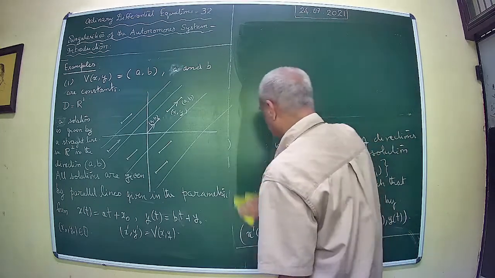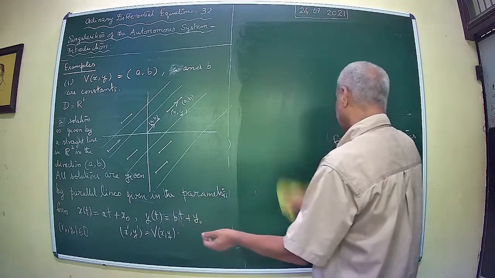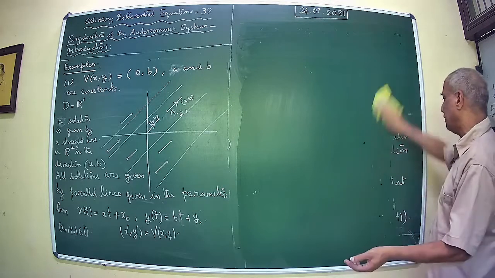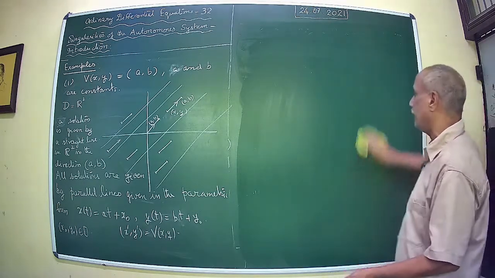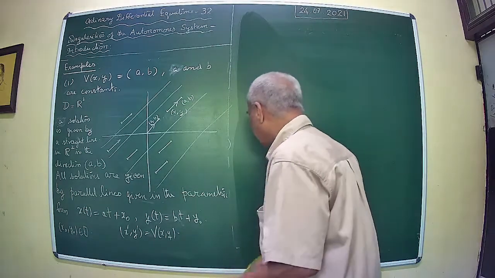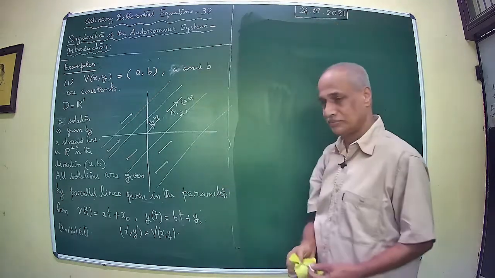If this V also depends on t, then it will be changing direction with time. That will be more clear when we look at the dynamical interpretation.